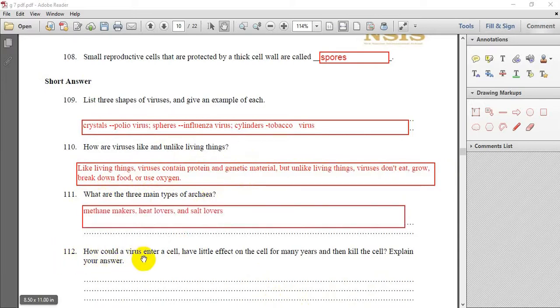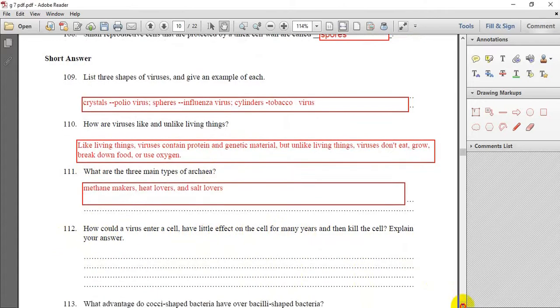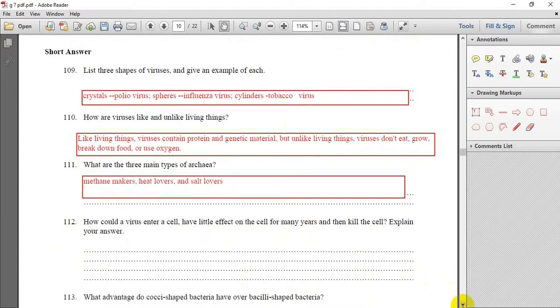Question 112. How could a virus enter a cell, have little effect on the cell for many years, and then kill the cell? As we know, the virus has two types of cycles. In the lytic cycle, they become active once they enter the cell, and in the lysogenic cycle, they stay inactive for a while, maybe for years. And once they become active, they attack all the cells and keep making more viruses, and this can kill the organism.